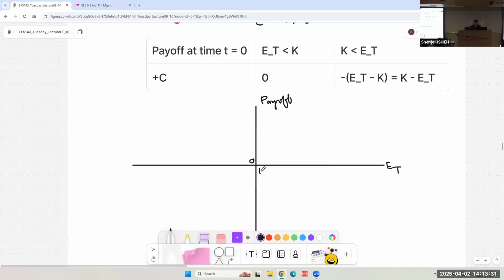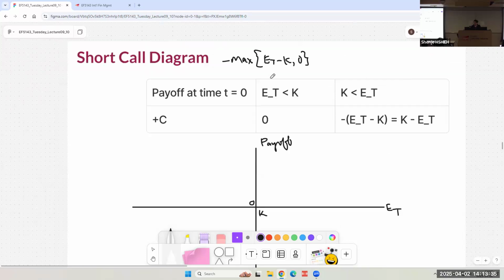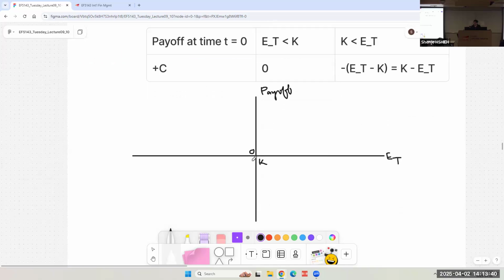And this origin on the x-axis is K. In the case in which ET is less than K, nothing happens. Again, straight line. Now, on the right-hand side, it's no longer an upward sloping curve, it's now a negative sloping curve because it's minus here. So the intercept is K, but it's downward sloping.